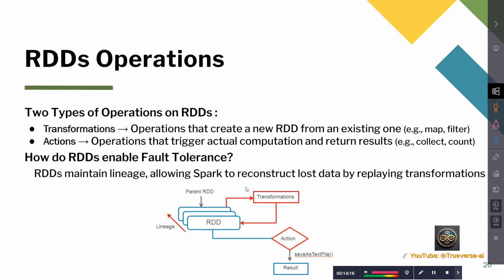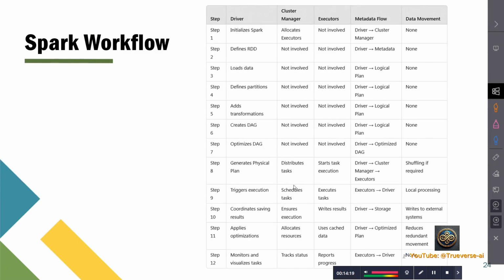So in the transformation, if you see here, step 5, add transformation. As you see, through step 8 nothing has happened. We will not do any processing until a trigger, meaning an action. We have now defined the transformation, which is still logical, conceptual.